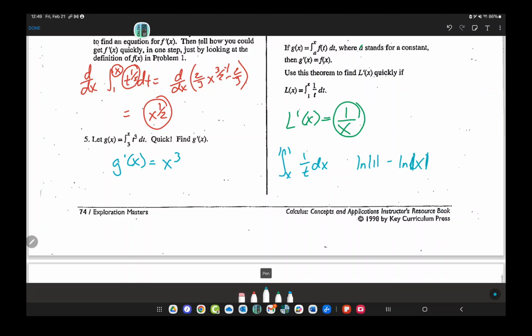And then we did the derivative. Well, the natural log of 1 would just be 0. We'd end up with a negative 1 over x. So it's just easier to rewrite this as the negative integral from 1 to x of 1 over t dt, and we'd end up with the same result. That is why if you flip it, you have to make it negative, because the signs would switch positions.